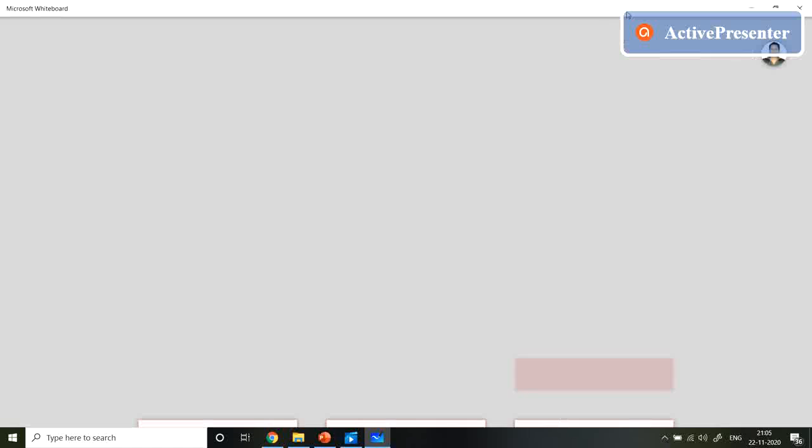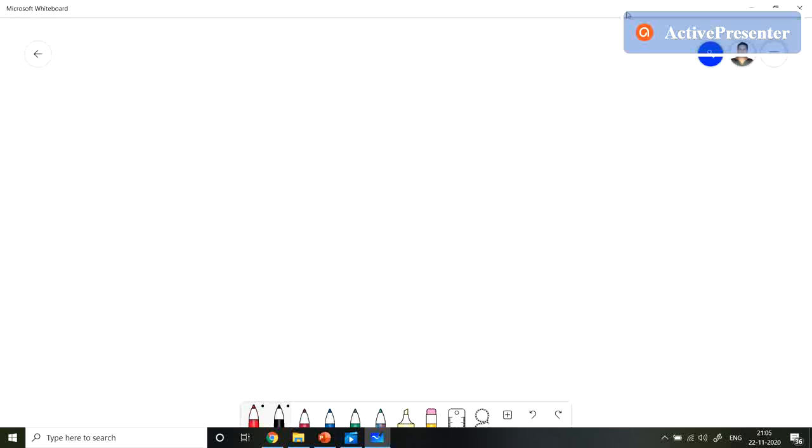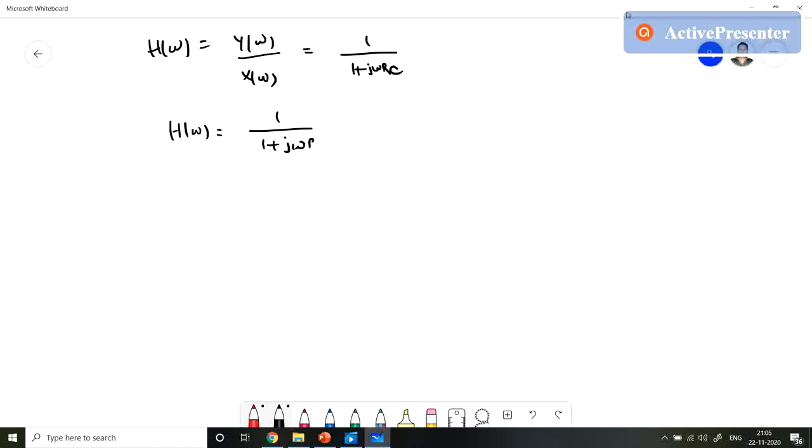Now we will find that H(omega) is equal to Y(omega) divided by X(omega), and that is equal to 1 divided by 1 plus j omega RC. So H(omega) is equal to 1 divided by 1 plus j omega RC.